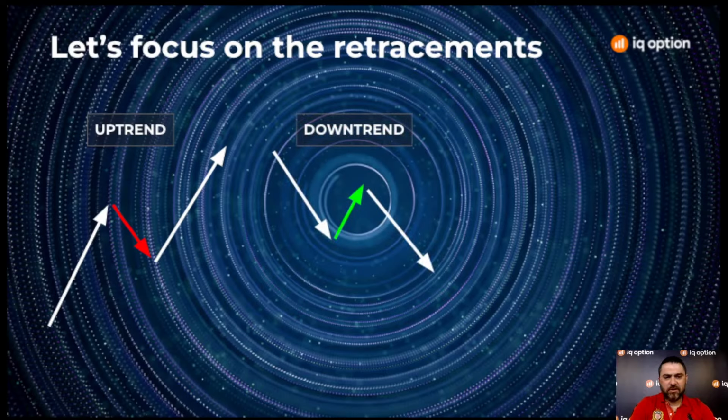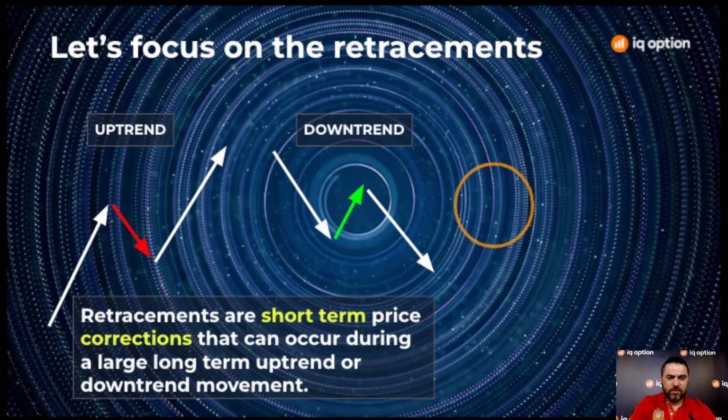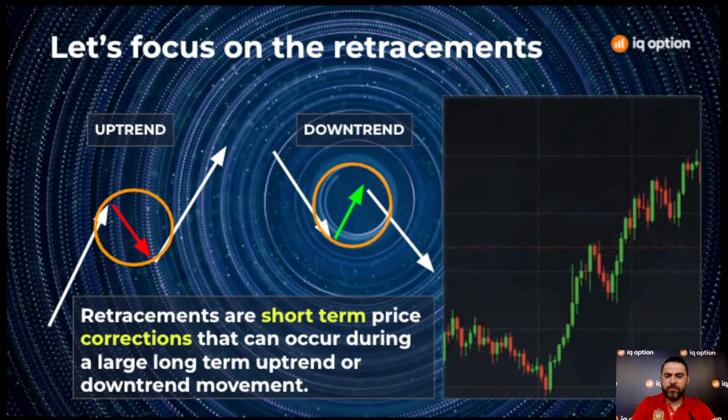Simple, the market is going on the first one, it's going up, then you see a retracement, the red little arrow pointing downwards, that's called a retrace, and then back up again. Same as the second one, the impulse and then the retrace. Retracements are short-term price corrections that can occur during a long trend in either direction, right? Uptrend or downtrend.